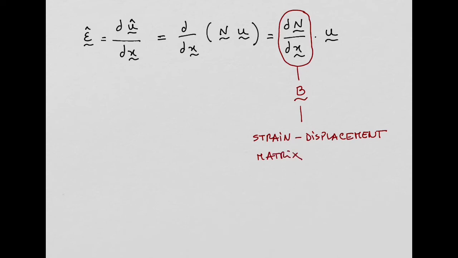It's quite easy to see why. Look, it's very easy to memorize because on the left hand side you have the strain field, and then this strain displacement B matrix allows you to obtain the strain field from the displacement field, right? That's why it's called strain displacement matrix. Quite easy to memorize.